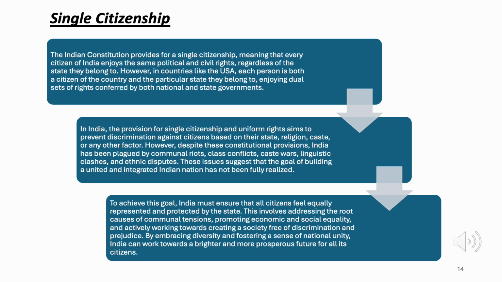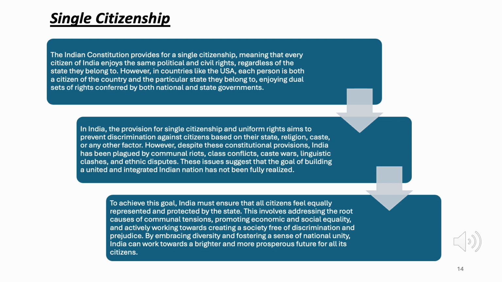However, despite these constitutional provisions, India has been plagued by communal riots, class conflicts, caste wars, linguistic clashes, and ethnic disputes. These issues suggest that the goal of building a united and integrated Indian nation has not been fully realized. To achieve this goal, India must ensure that all citizens feel equally represented and protected by the state.